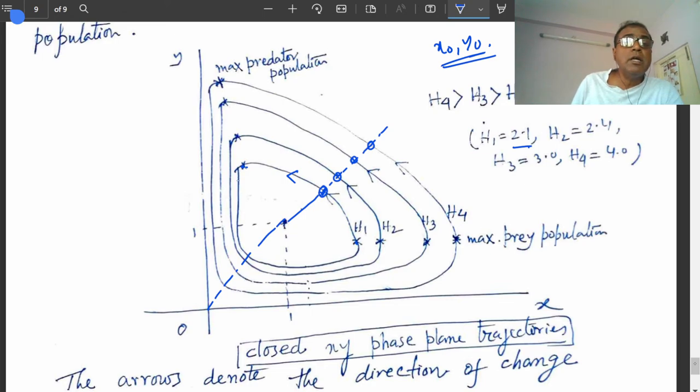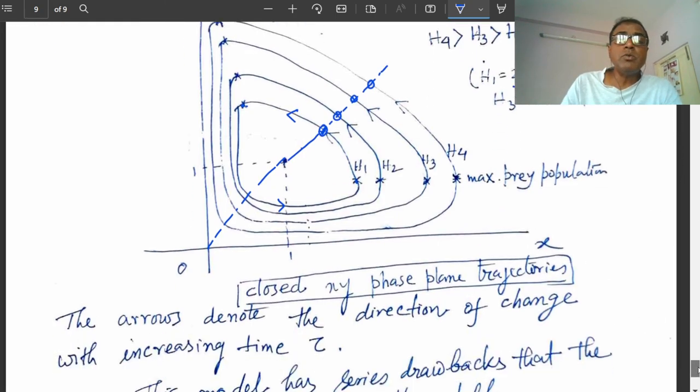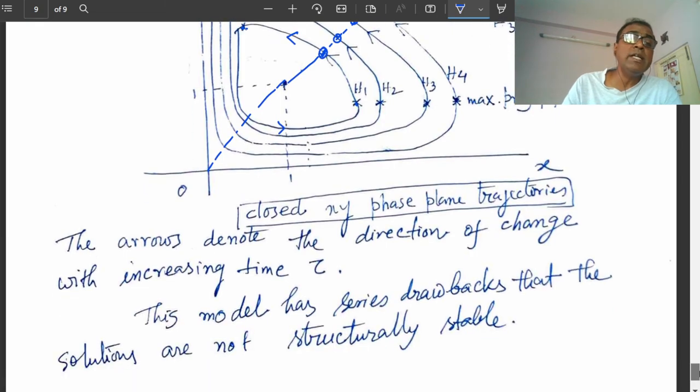Predator density goes downwards and prey density is constant, and along this path prey density increases while predator density is almost constant. So these are the trajectories. Now the arrows denote the direction of the changes with increasing non-dimensional time tau.